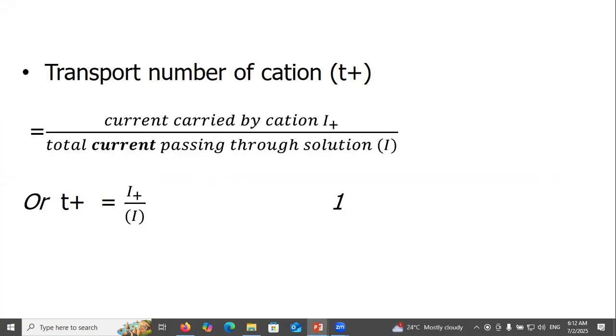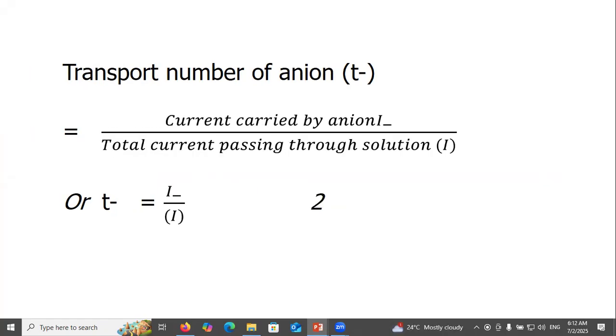So T plus equal to I plus over I. Transport number of anion, T minus, equals current carried by the anion over total current passing through the solution.